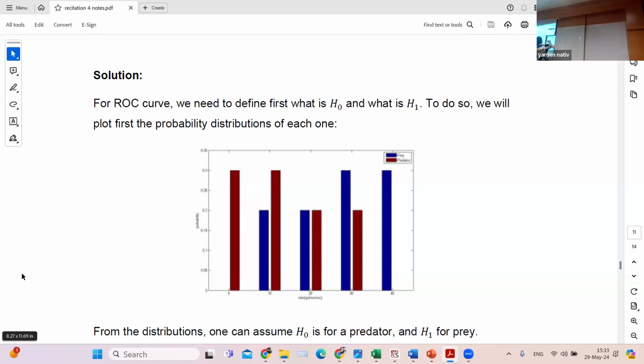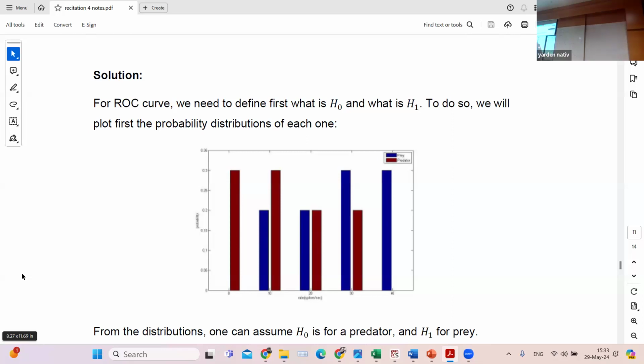And the false positive, how much of the left distribution did I mistakenly put inside the right distribution? Also 100. Great. Let's try the next one.